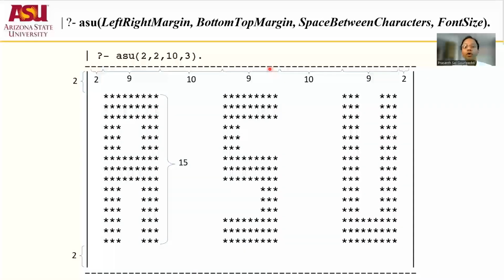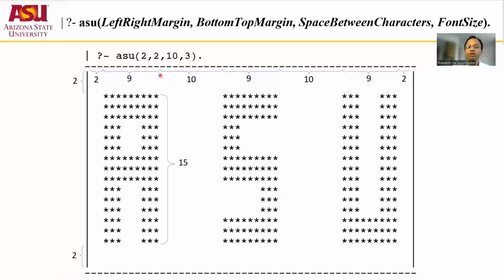How do we go about understanding what's to be done? Given ASU, the first is the left and the right margins. Font size is 3. So you visualize your character as having 3 stars for each section of the character.